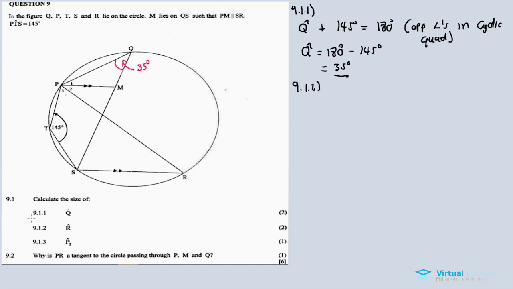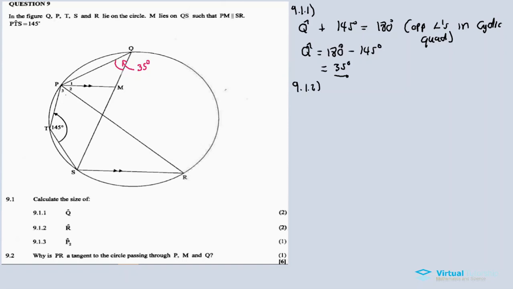Like in 9.1.1 we calculated Q, and now we calculate R, so make sure you consider the calculated angle on the previous question. So now we have 35 degrees for angle Q.